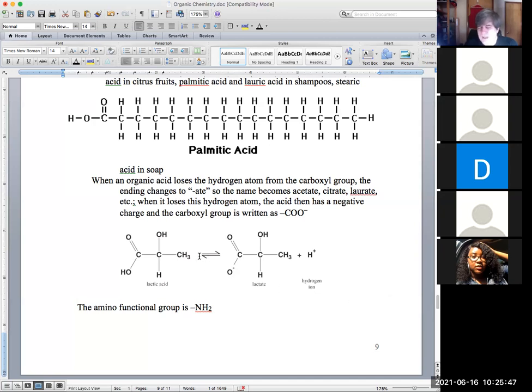Now, notice that if we look at the arrow for this equation, the arrow is a little bit different than what we normally see. Remember when we first started discussing chemical reactions that occur in metabolism, metabolic reactions? One of the things I said was that a lot of metabolic reactions can reverse.